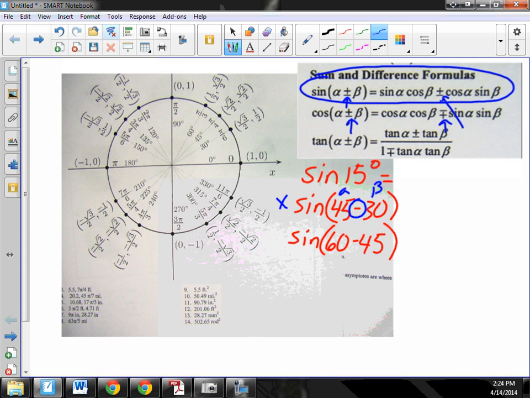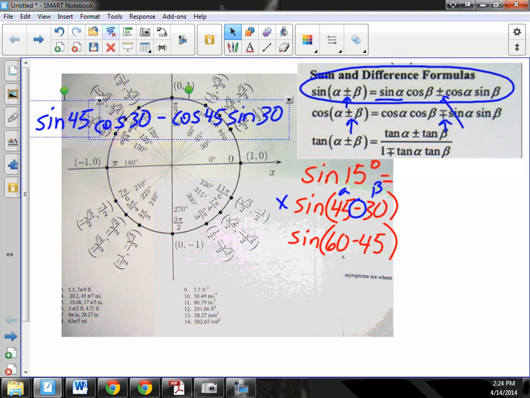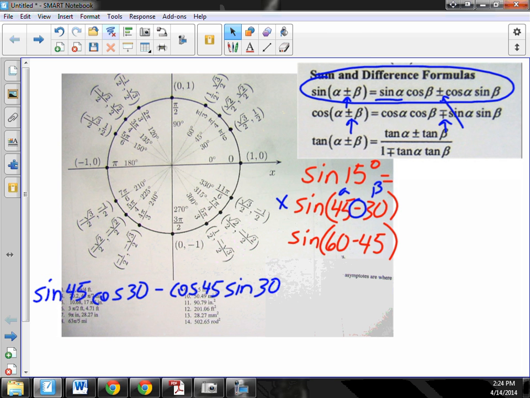So if we write it out, the sine of 45, so that's this portion, cosine times the cosine of 30 minus the cosine of 45 times the sine of 30. Now, we look up each part, and then we just have to simplify a fraction.